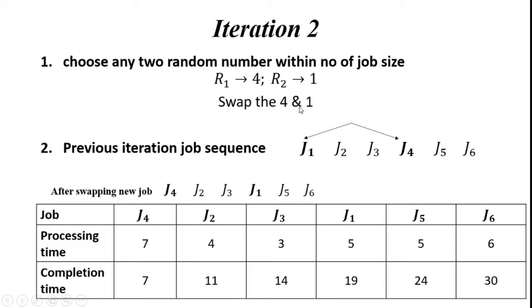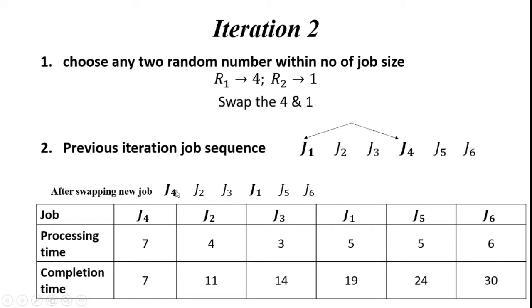Swap the 4 and 1 with each other according to the job sequence. In iteration 1, the job sequence is J1, J2, J3, J4, J5 and J6. Here I swap the job sequence with respect to 4 and 1, so I get the new job sequence with the generated random numbers.